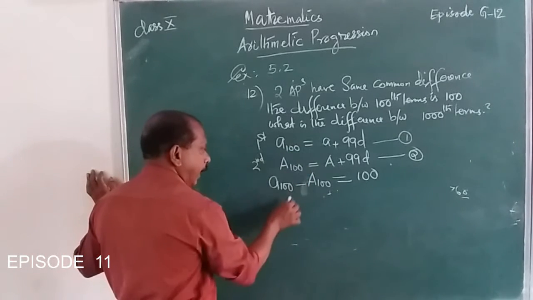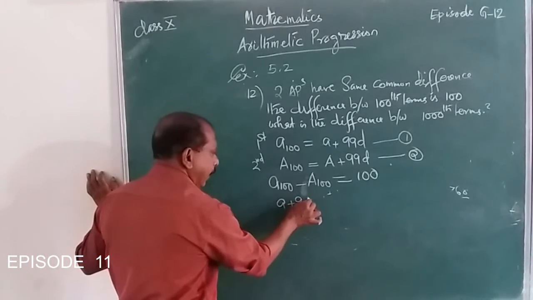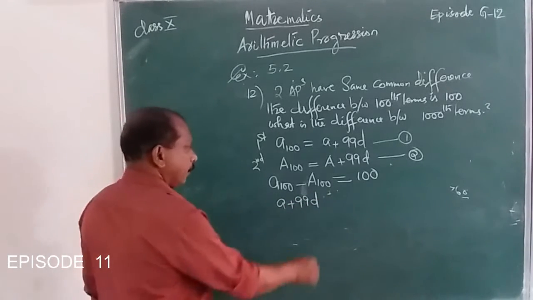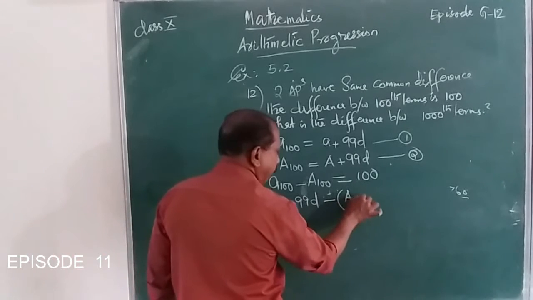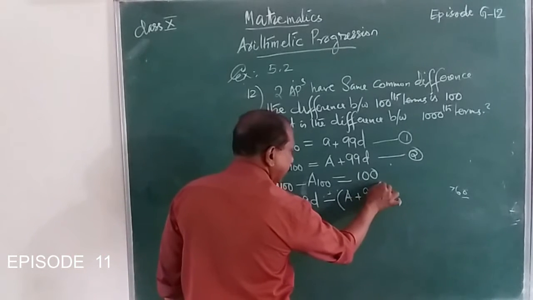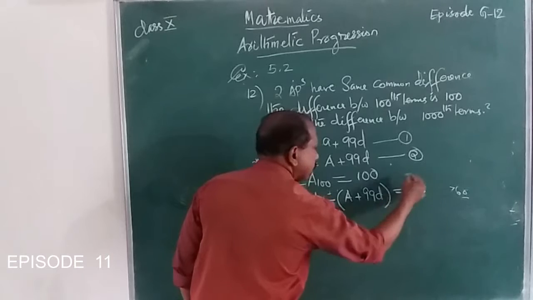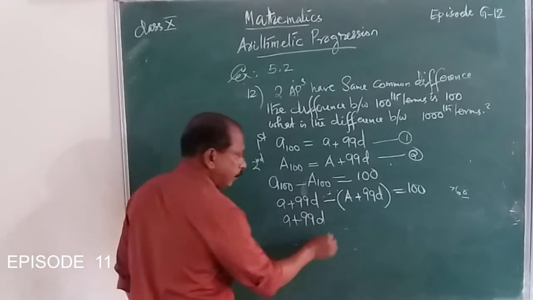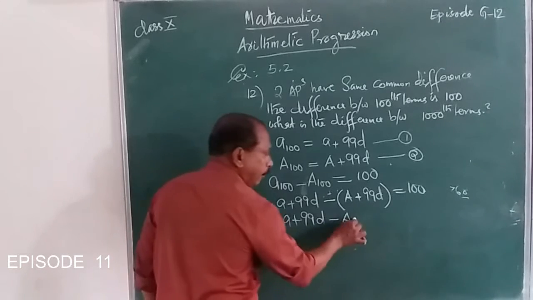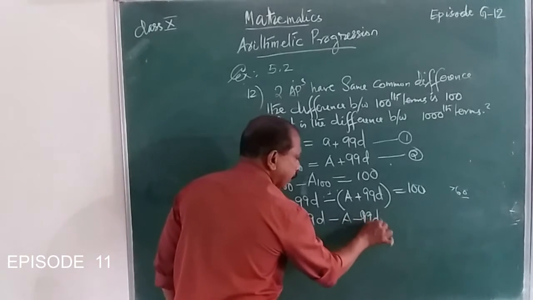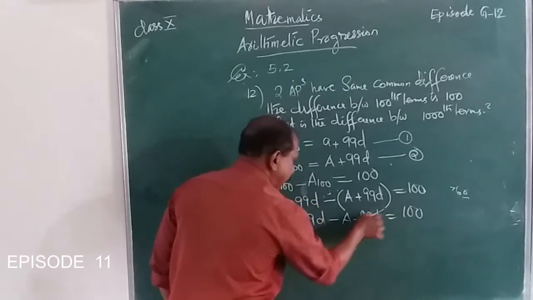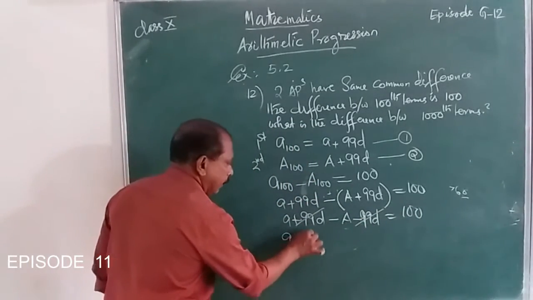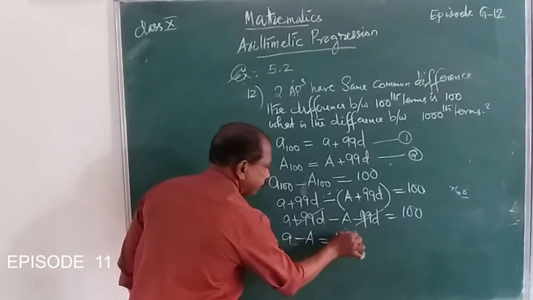Therefore, a plus 99d minus capital A plus 99d is equal to 100. The 99d cancels. We get a minus capital A is equal to 100.